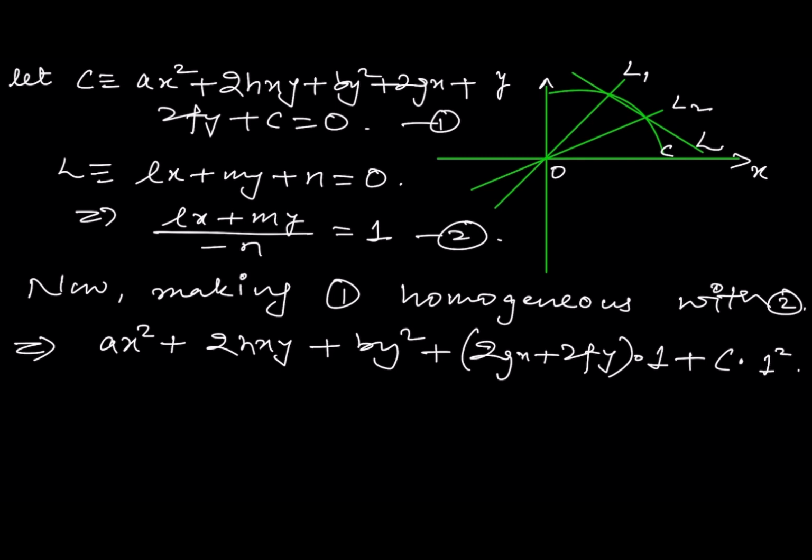But we know 1 is nothing but lx plus my upon minus n. So in place of 1 we can place lx plus my upon minus n.